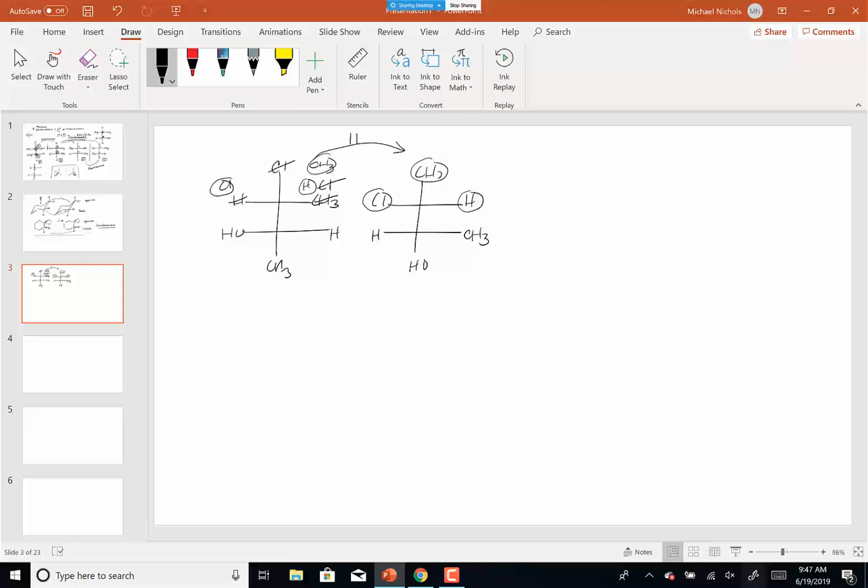So if I want to go from left to right or right to left, doesn't matter, I have to make 2 switches, which means that the top carbon has the same configuration. Does that make sense? Did anybody do it a different way?